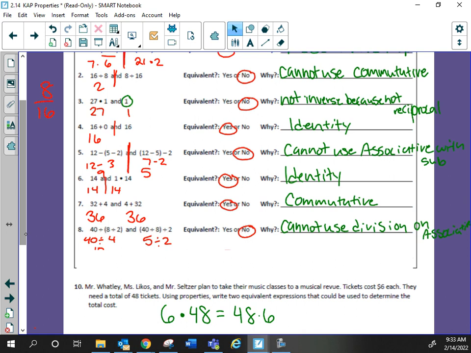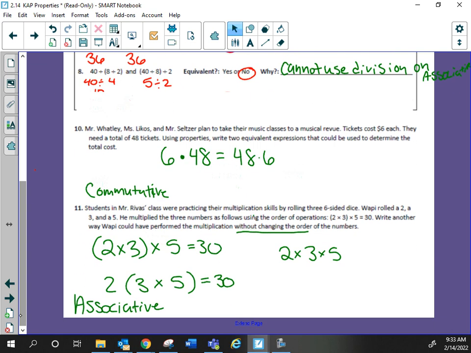Okay? Last 2 questions, number 10 and 11. Using properties, write equivalent expressions that could be used to determine the total cost. Do we agree that 6 times 48 should be the same thing as 48 times 6? Yes. You didn't have to put the property, but I just did it there to defend myself.